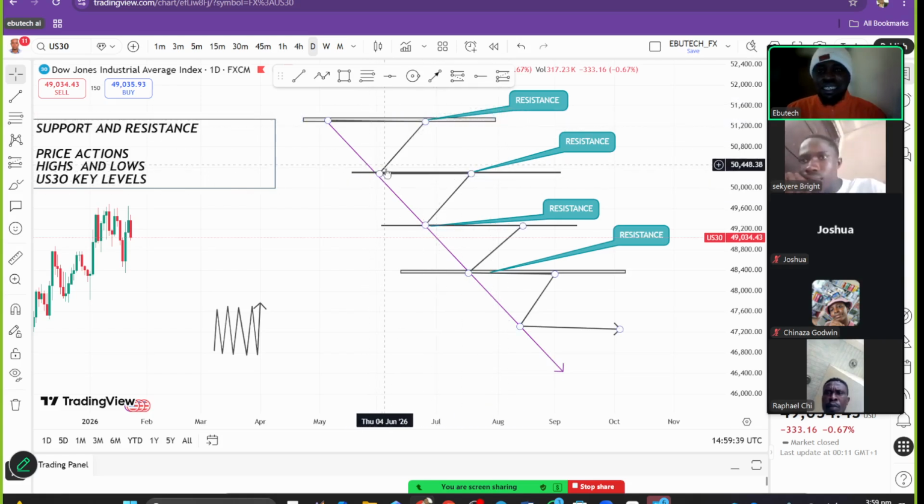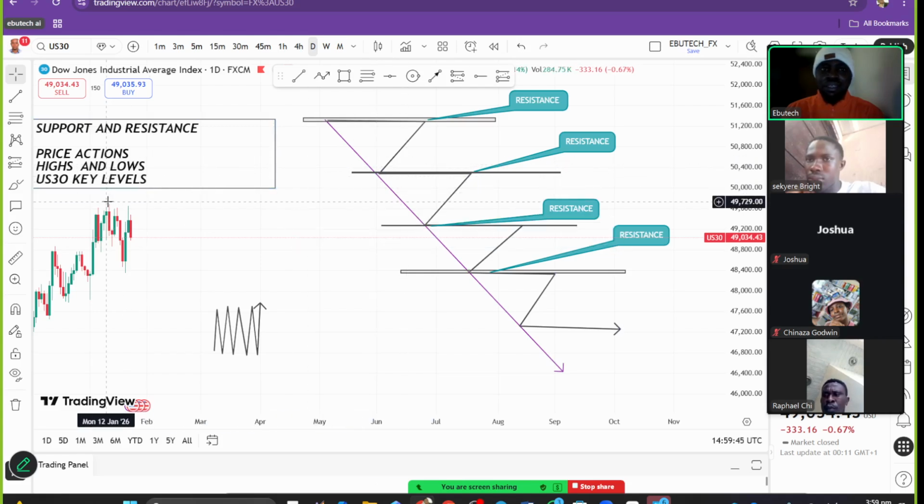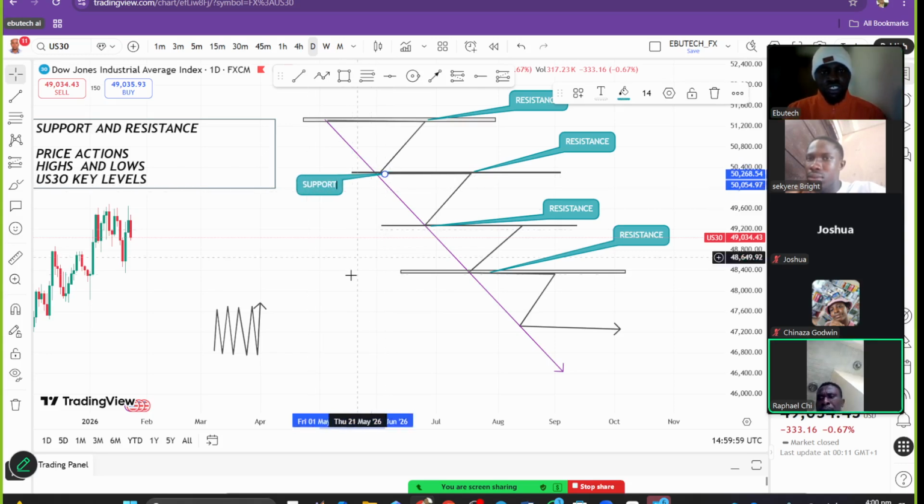Based on the fact that this is a downtrend, you are looking at selling the market. You are not looking at anything buy, because if you are buying the market, you are wrong. You are wrong because this is support level. This is support level.